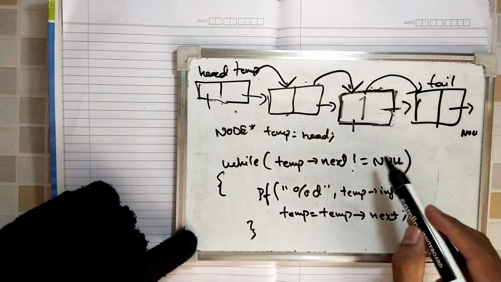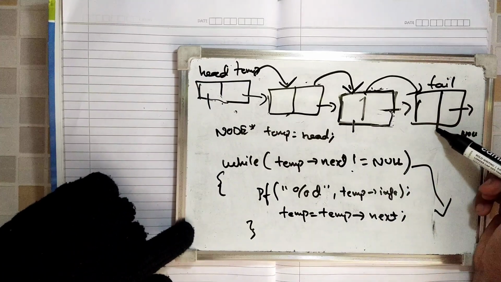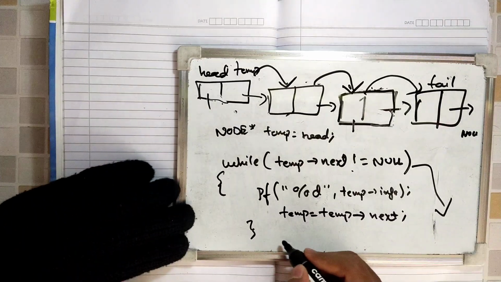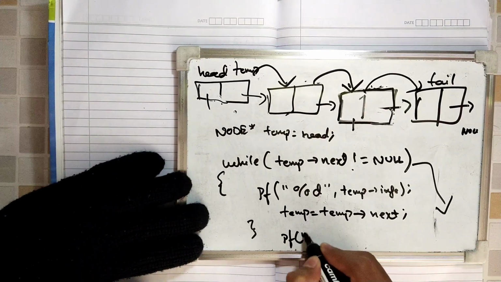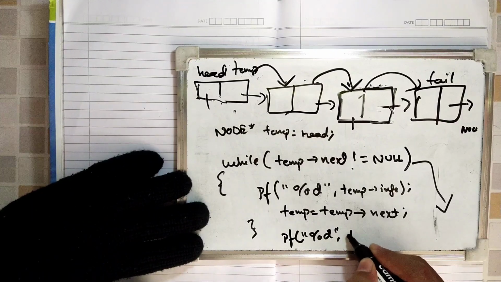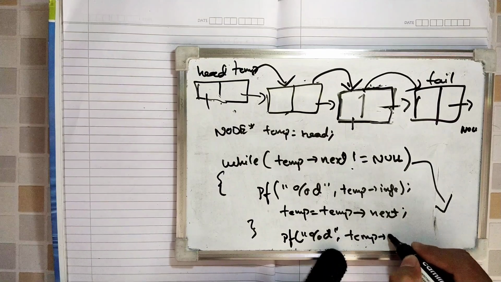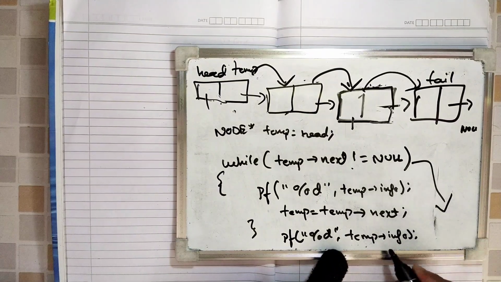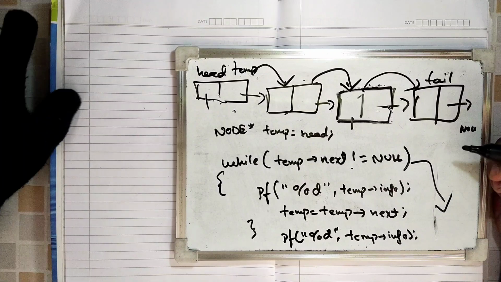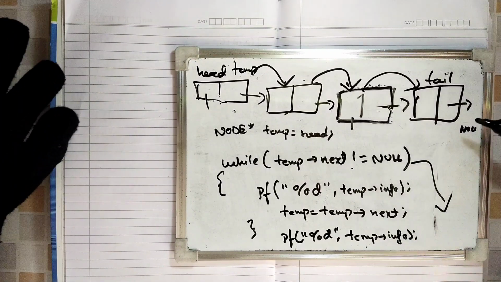Since temp of next is null, it will come out of the loop itself. But we didn't print this info. So what do I have to do? Again I have to write printf %d, and I can write temp of info again, or I can write tail of info also. Understood? So this is the code you have to write for displaying.